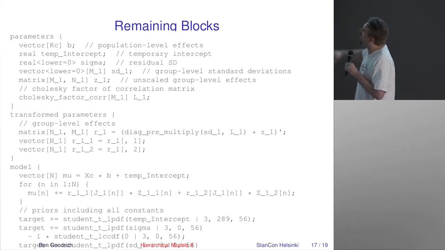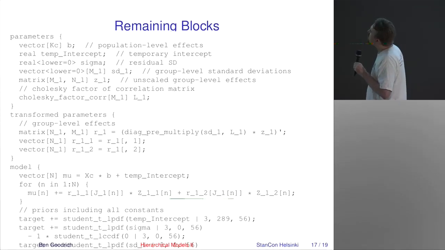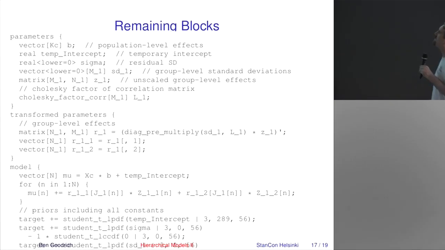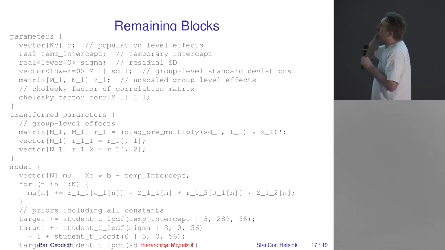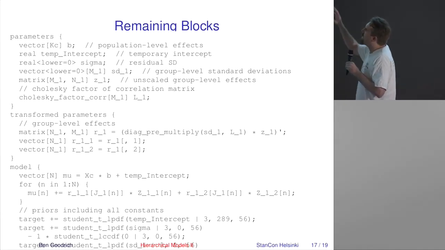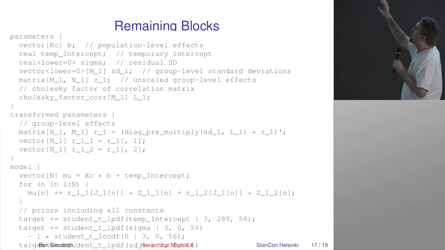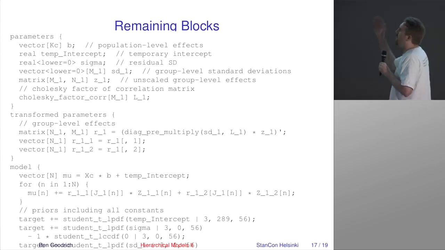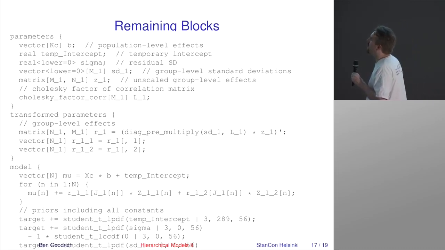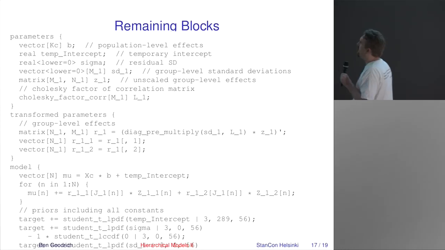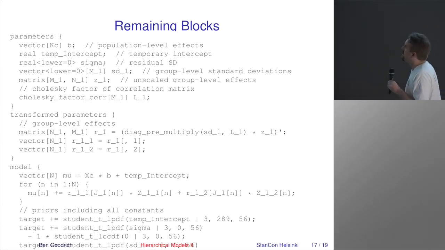I want to focus on the Cholesky factor correlation line of the block. We have Cholesky factor core of size M1. M1 is going to be 2 in this case, and we call that L or L1 because there's only one grouping level phenomenon going on in this model.